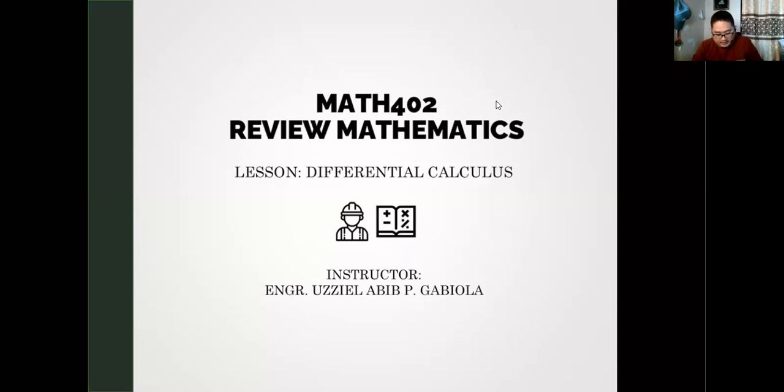Okay, so for this subject, since this is already a review subject, I will no longer get into detail dun sa mga differentiation formulas natin. Kasi I hope you still remember doing differentiation, especially yung mga basic differentiation natin and yung mga other differentiation natin ng halimbawa trigonometric, exponential, logarithmic.